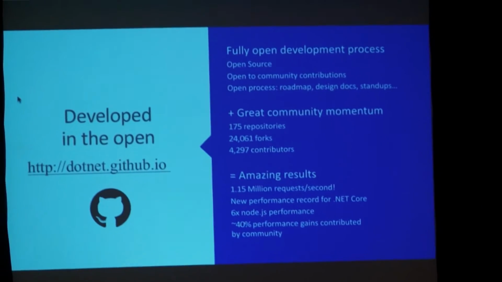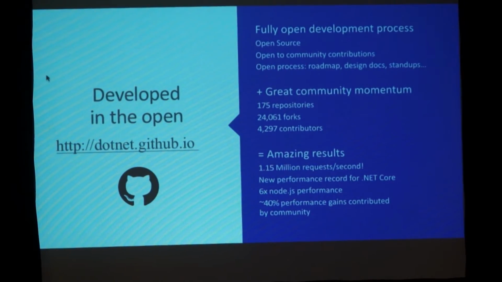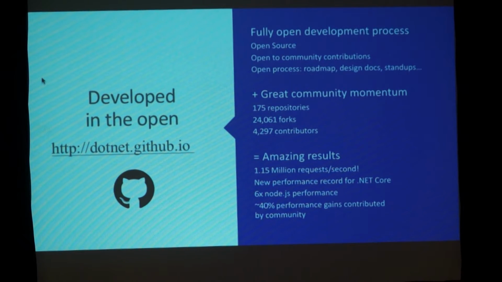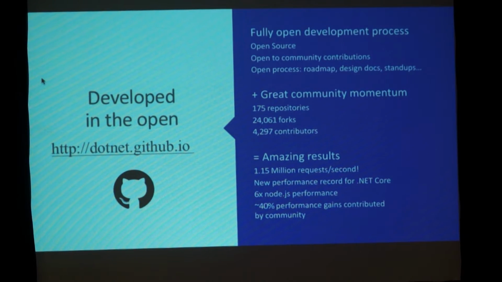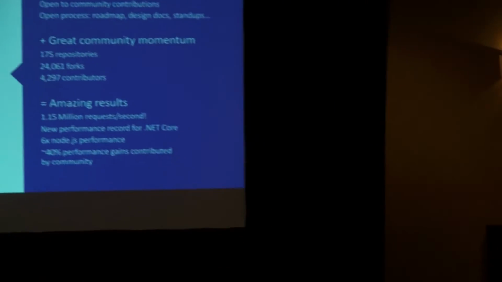And when we talked about putting .NET out in the open, we actually saw some amazing accomplishments, right? Fully open source, right? There's 175 repositories, 24,000 forks. Marketing, for some reason, loves putting the number of forks on there, and they don't understand somebody made a copy of your source code, so if it changes over here, I've got a snapshot, right?